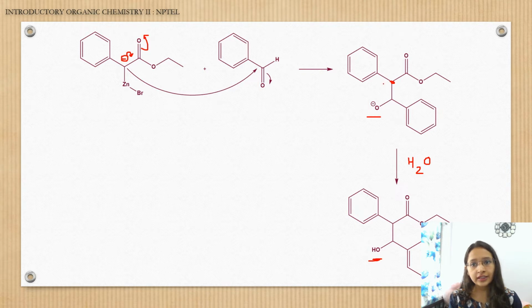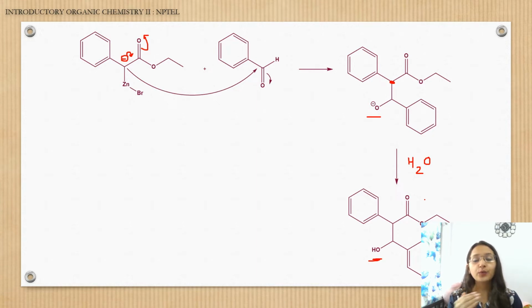Then you will say that there is a migration in this particular system, because the migration occurs from the adjacent carbon, carbon 1 to carbon 2, right? Is there any migration taking place in this mechanism? See carefully and then tell me. See here, no migration is taking place, right?